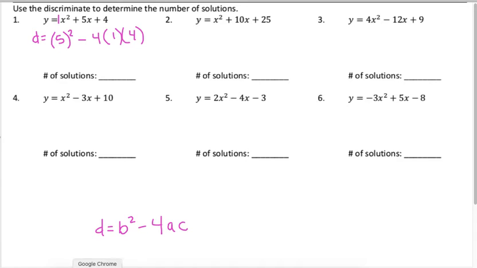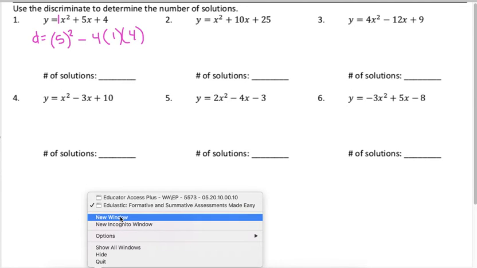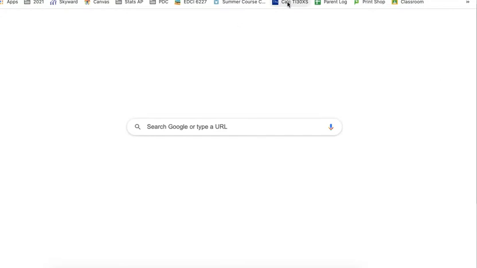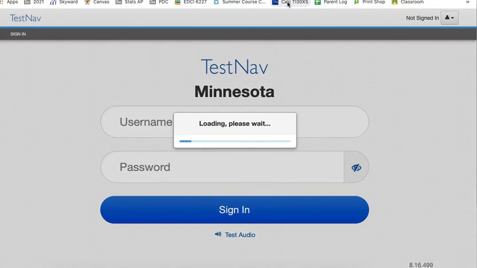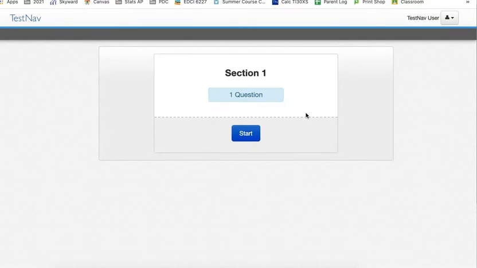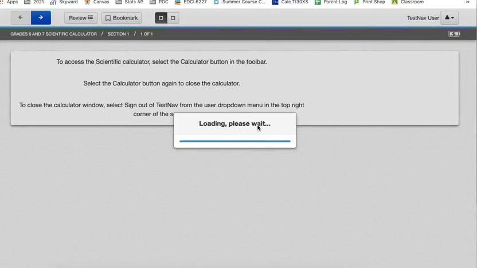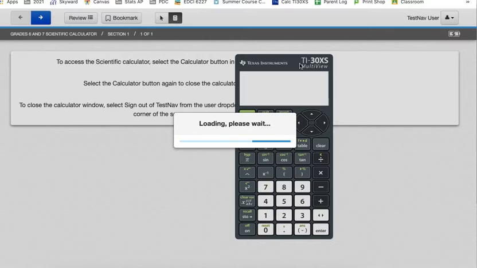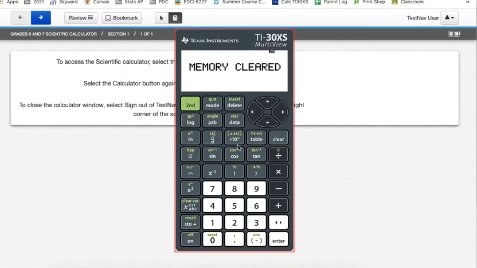So on my calculator, I'm going to put this in all at once so that I can find the discriminant and then determine from that how many solutions I have. Is it positive, negative, 0? So on here, I'm going to go parentheses, 5 squared minus 4ac.